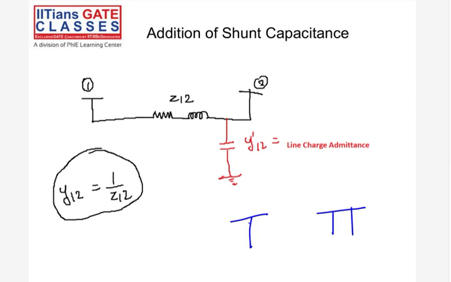So right now we have three elements: there is a series element and there is a shunt element. So this is right now a T model. When we are looking at a power system, should we go for a T model or a pi model? If we are going to represent a transmission line, which should we go for?